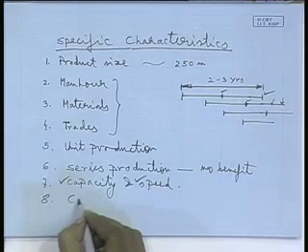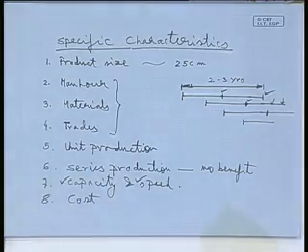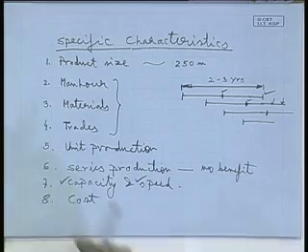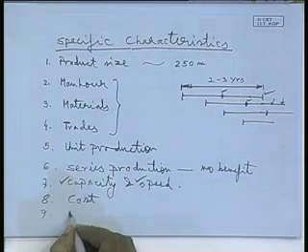So, with that sketchy, scanty information, you should be able to predict the speed, or you should be able to quote. That means next comes the cost. You will be able to predict the cost of the product, the delivery period.